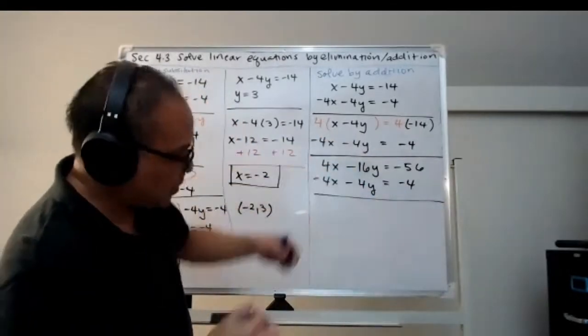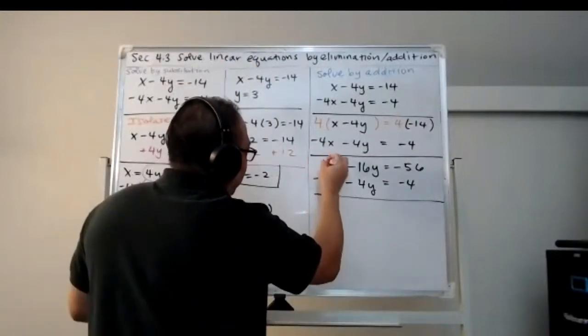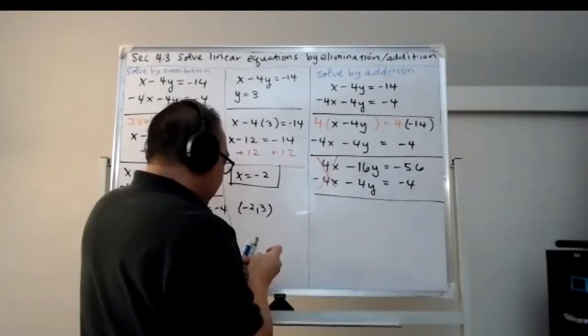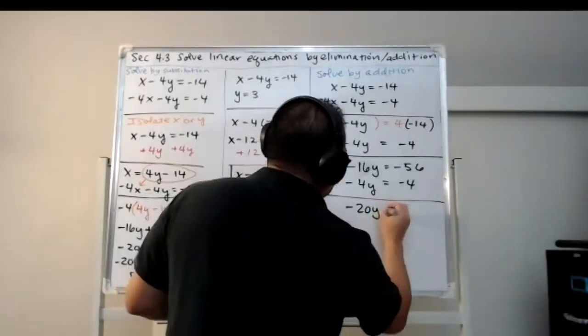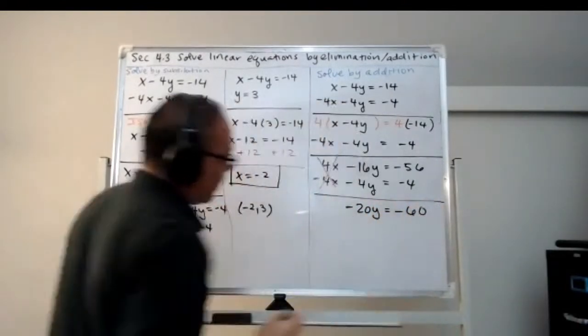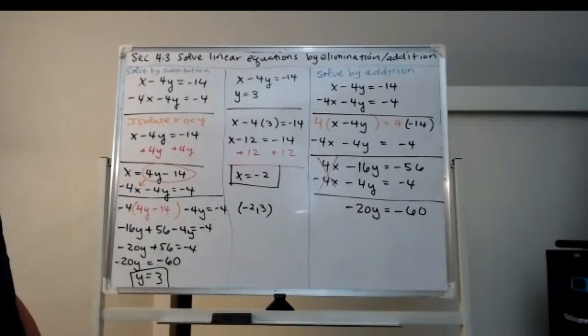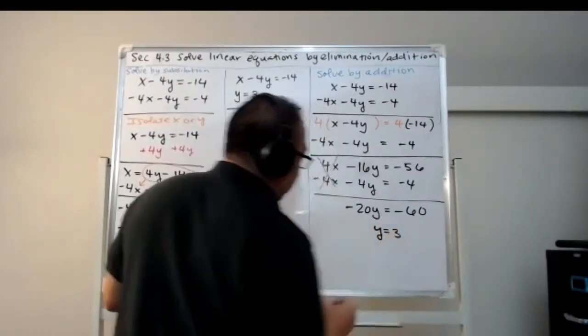So when I add up this column here, this 4x minus 4x will cancel, and I will get y is equal to 3.